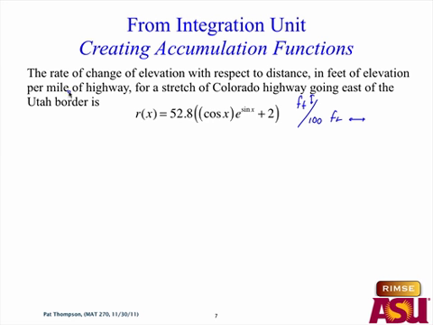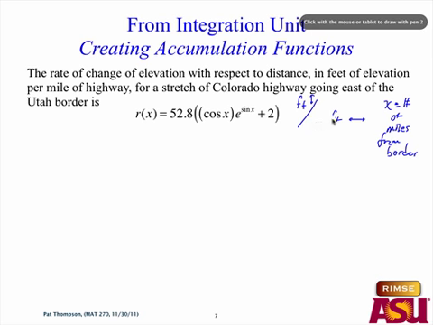Well, it doesn't matter whether it's per mile or per 100 feet. We understand what's going on. So where x is the number of miles from the border. Okay, so in that case, this does need to be miles from the border. Feet of elevation per mile down the road, where x is how many miles we are from the border.